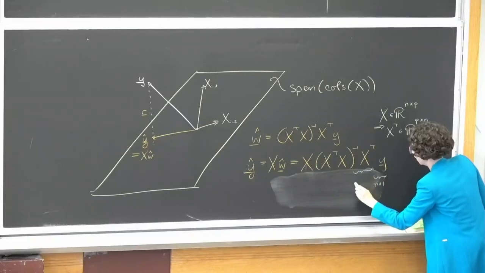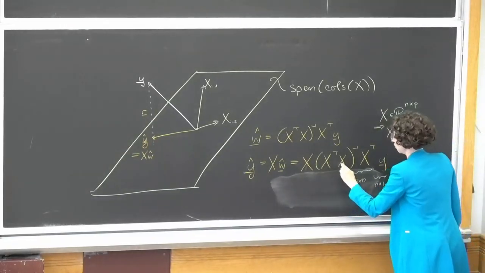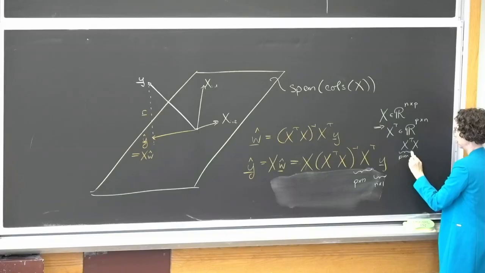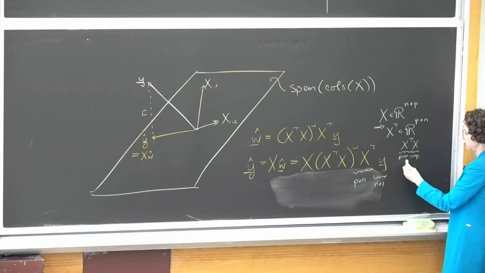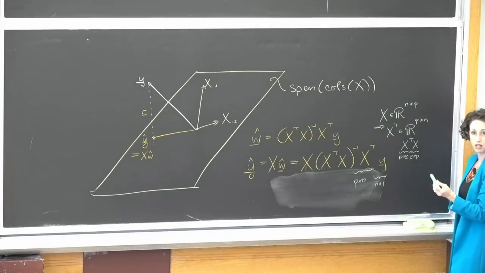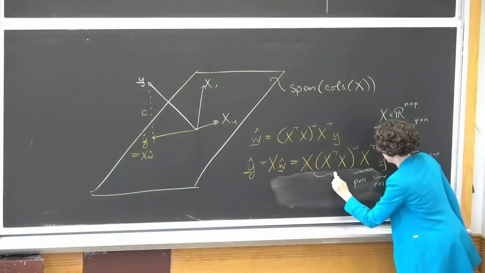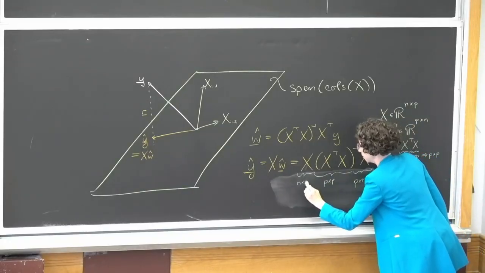So here I've got a p by n matrix. And then X transpose X, I'm just going to do this one off to the side. X transpose X is going to be p by n times n by p. When I'm multiplying two matrices together like this, I think of these inner dimensions as canceling out, because this is where I'm taking my inner products. And so the result is going to be a p by p matrix. So down here I've got something that's p by p. And then finally I've got n by p.